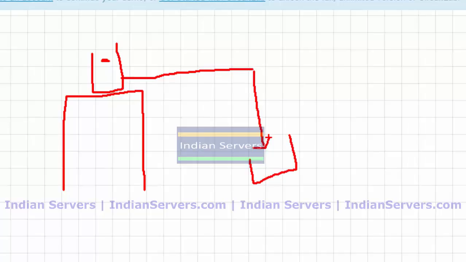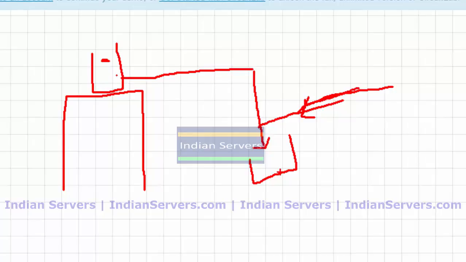So to fill the water in this container, you should turn on the tap. So here you are giving some signal to the tap so that water from the tank will flow to the container. Whenever you turn on the tap, water will flow from tank to the container.